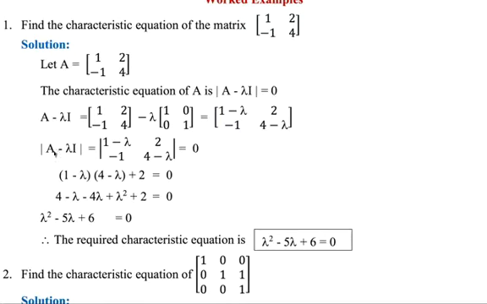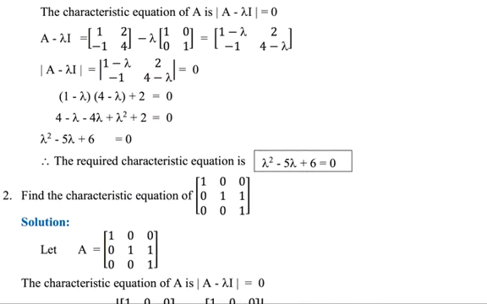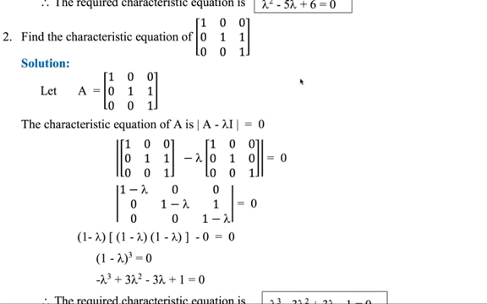And equate the determinant to 0, that is (1 minus lambda)(4 minus lambda) plus 2 equal to 0, nothing but lambda square minus 5 lambda plus 6 equal to 0. So you will get two roots out of this. Those values are called eigen values. Anyway, we will be looking at eigen values also in this topic.